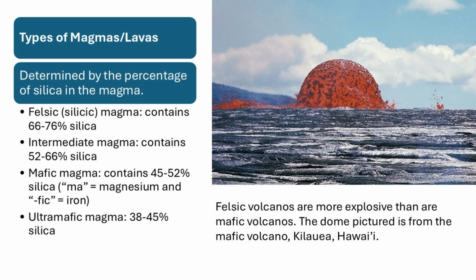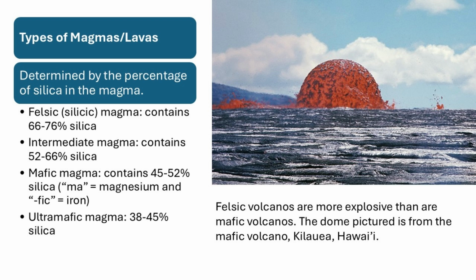So let's look at the types of magmas or lavas that are most common. So typically we look at the lavas as a percent of how much quartz or silica is present in the lava. So if you have the highest level of quartz or silica, then it is considered felsic.